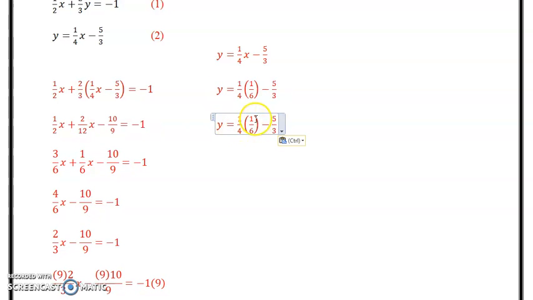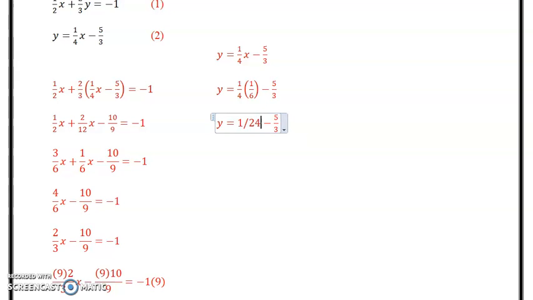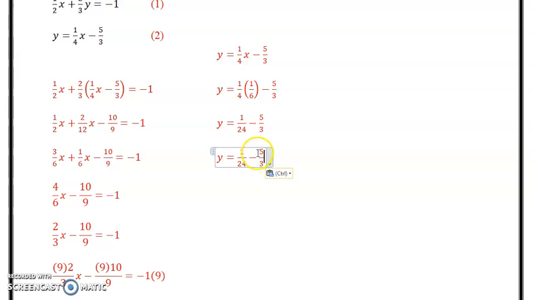All right. 1 times 1 is 1, and 4 times 6 is 24, so it'll be 1/24. And then we've got to find a common denominator, and obviously the common denominator would be 24, so the 3 becomes 24, we multiply by 8. 5 we multiply by 8, we get 40 as well. Okay.